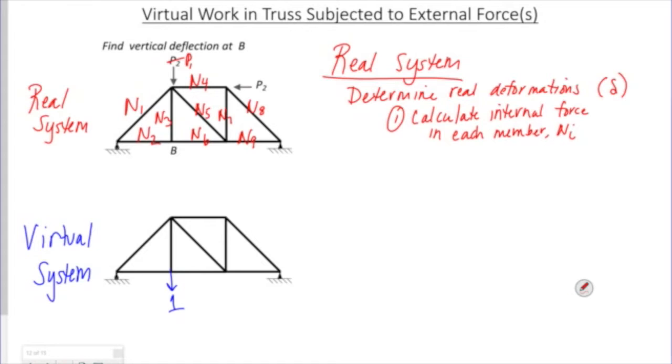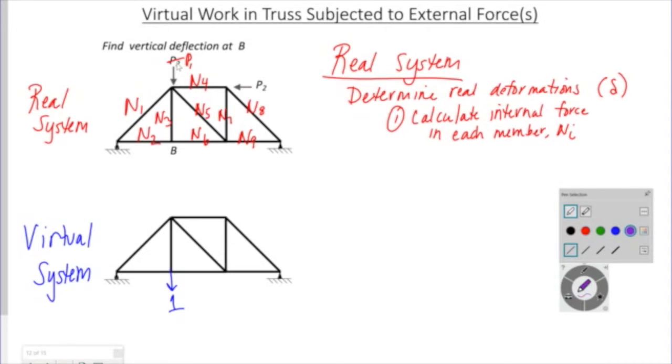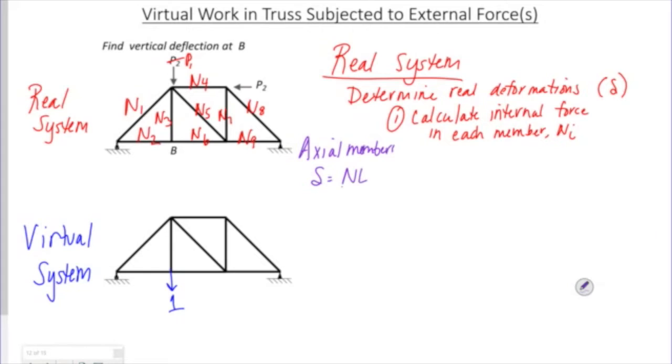And then, since these are axial members, my deflection is equal to NL over AE, or PL over AE.